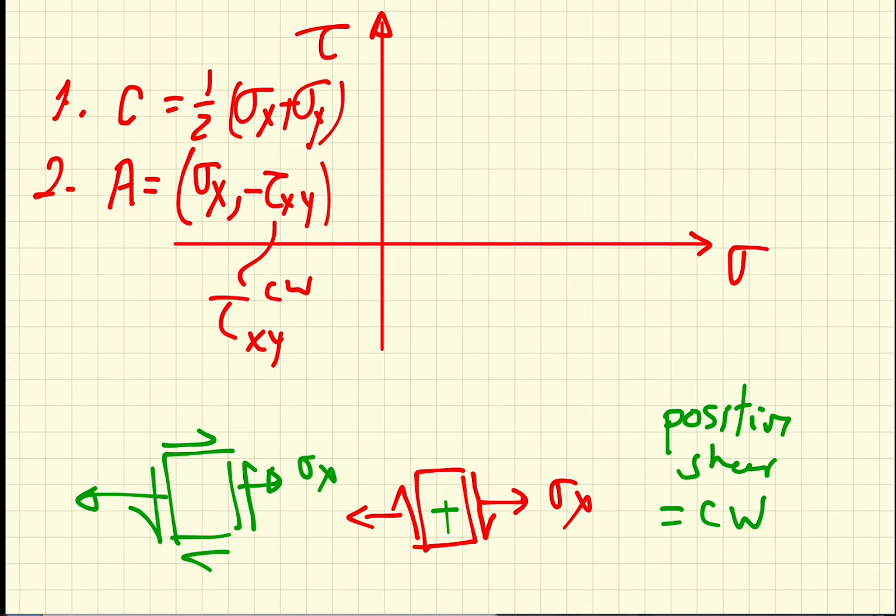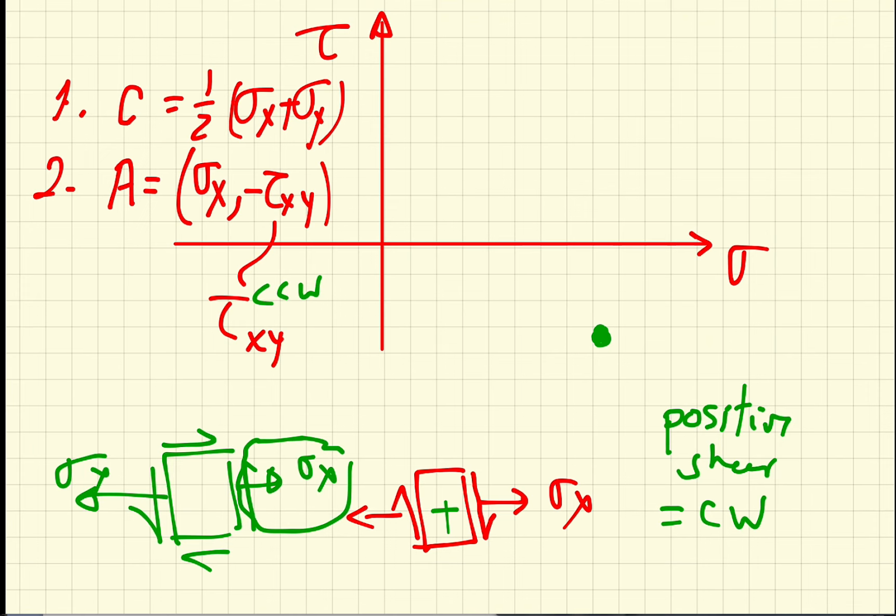So in this case, sigma x is associated with a shear that goes in the counterclockwise direction, which is a negative shear. So we'll take that back, and this will be counterclockwise. In other words, you have one point that has sigma x coordinates here and minus tau xy.